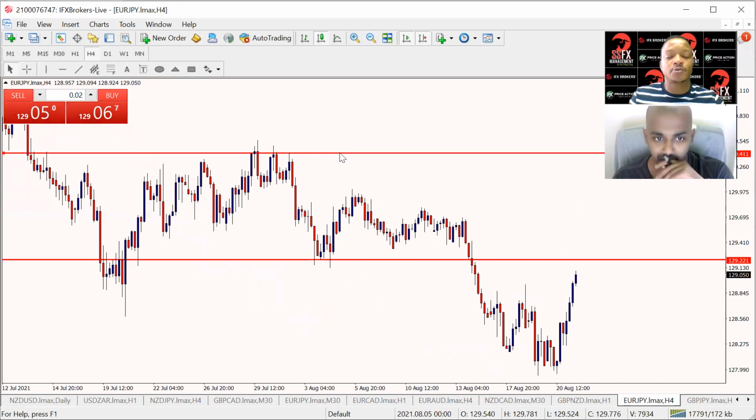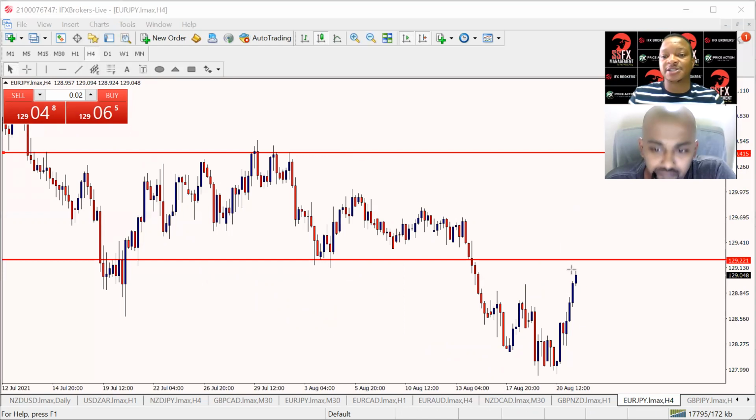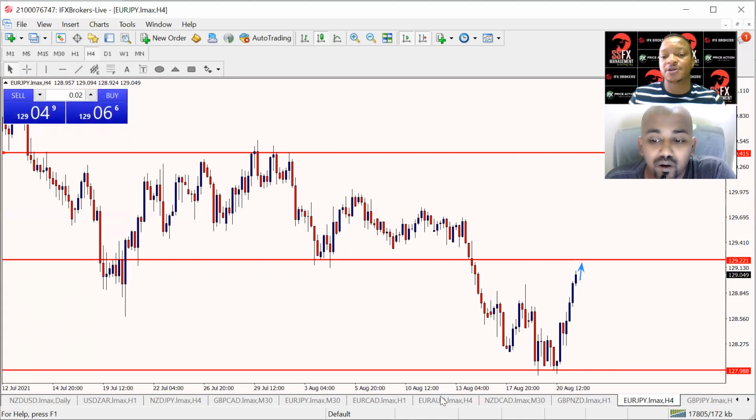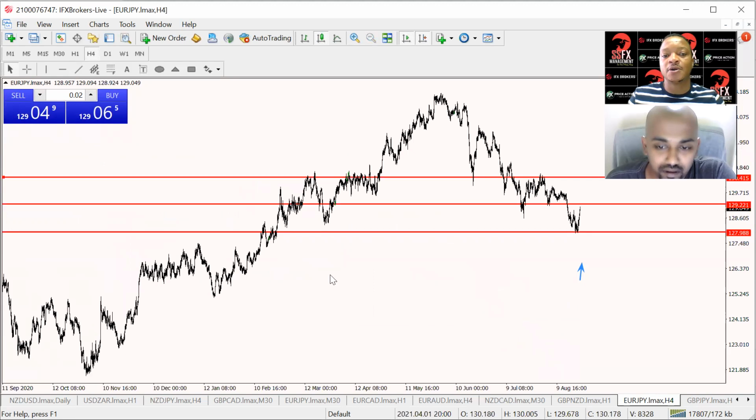Looking at this, this will be our resistance here. And then where is our support? You have to check your support as well. Your support will be where price bounced going down. So this is our support. You just have to zoom in to check where price has previously been bouncing.